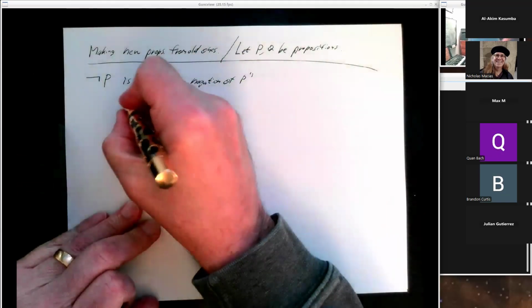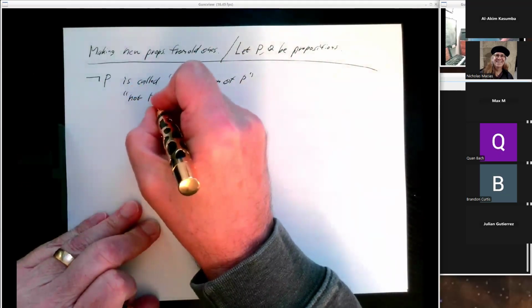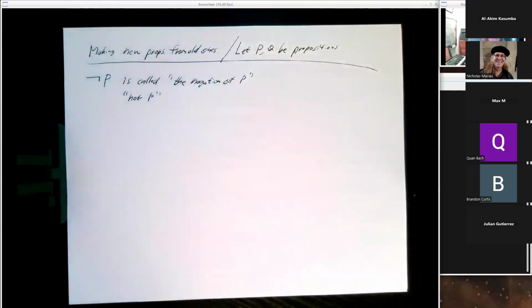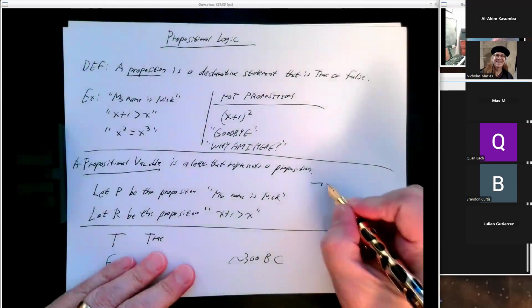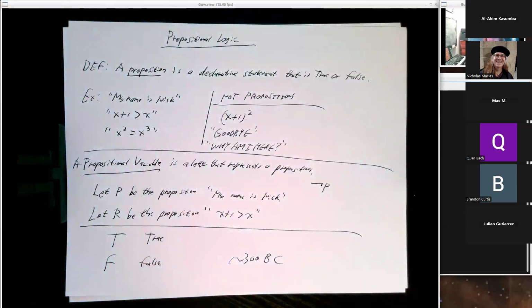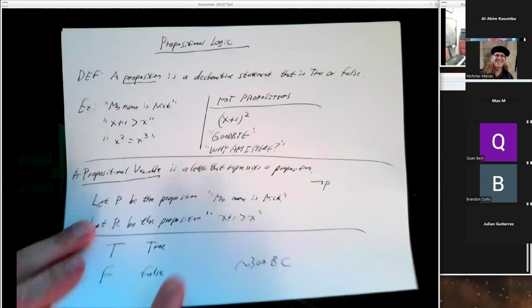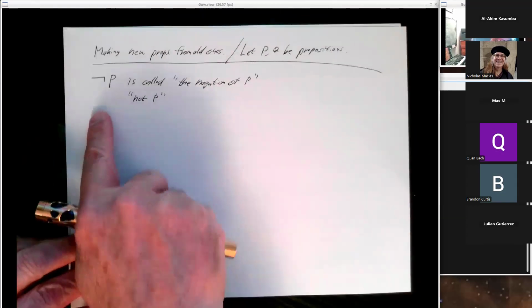It's a proposition that basically says not P. So if P is the proposition, my name is Nick, then not P is the proposition, my name is not Nick. Technically, it's the proposition, not my name is Nick, but that's not how we speak. So to say not my name is Nick, we would say my name is not Nick. My name is something other than Nick. So that's one way to make a new proposition is to negate it.